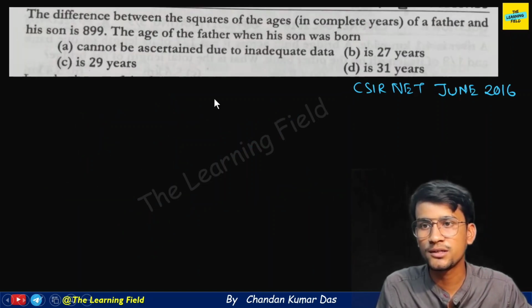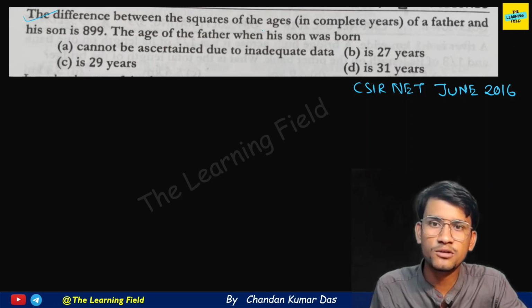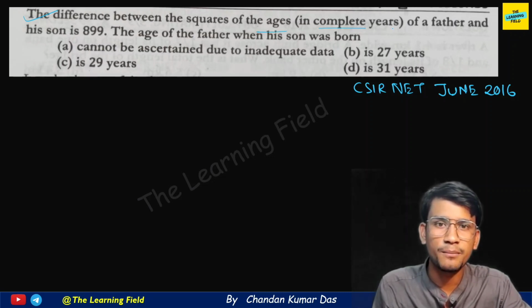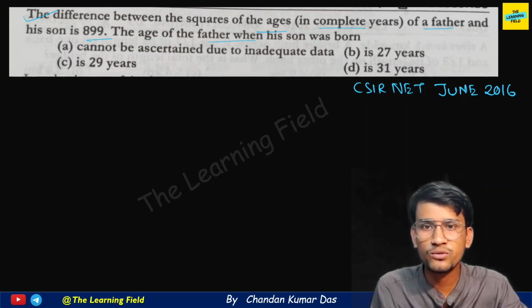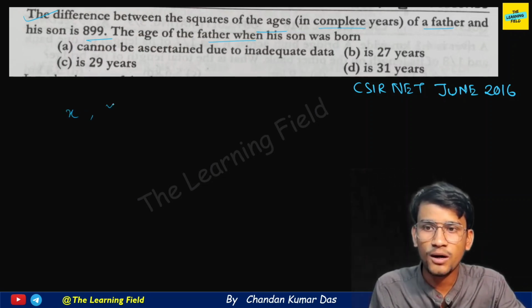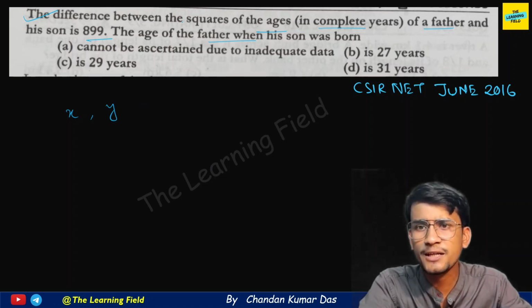Now going to the next one. The next problem says that the difference between the squares of the ages in complete years of the father and his son is 899. The age of the father when his son was born is? So suppose x is the age of the father and y is the age of the son at present.